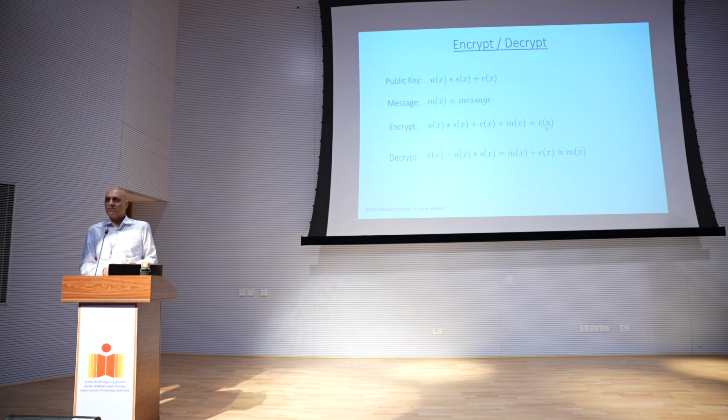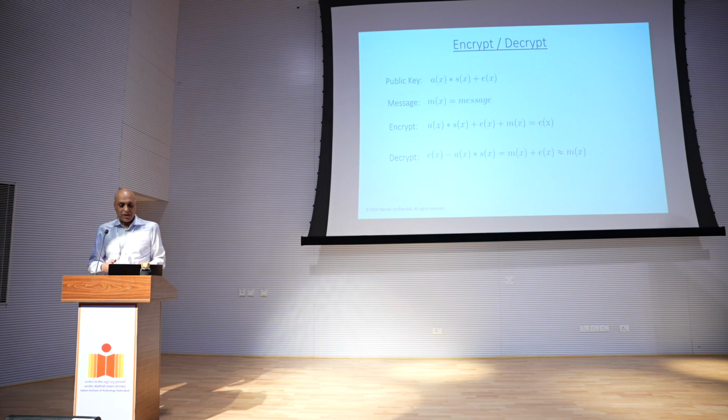Seems pretty simple. This is actually a public key. I can just publish that. If someone wants to encrypt a message, they take my public key and add their message polynomial, and then you get a ciphertext.